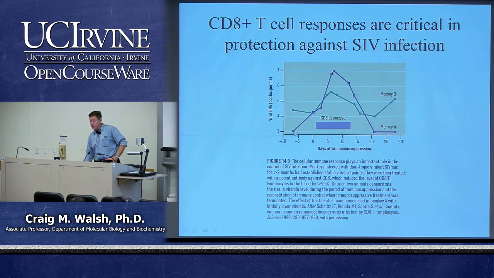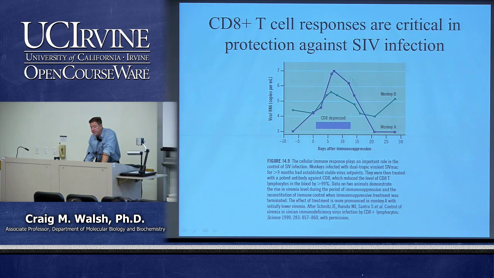So here you can see an experiment that was done using monkeys infected with SIV. We're looking at a monkey that is just a normal monkey. It's our control. And we're looking at the amount of virus using a PCR test for viral RNA. You can see that after immunosuppression there's basically a slight increase.